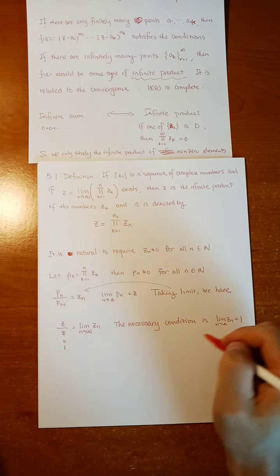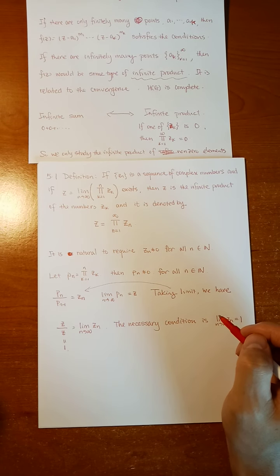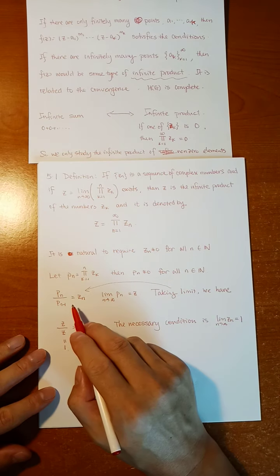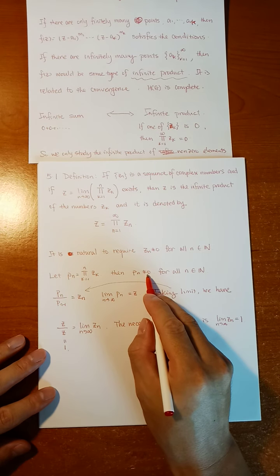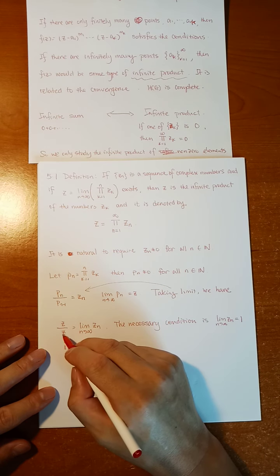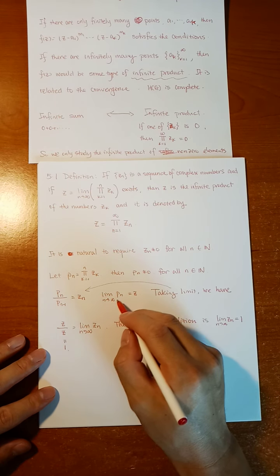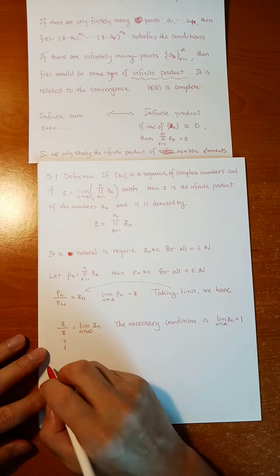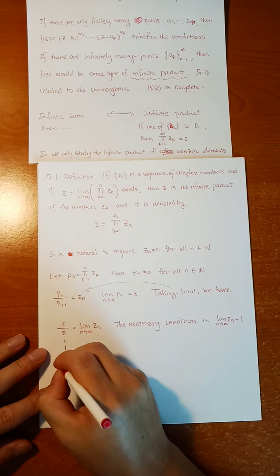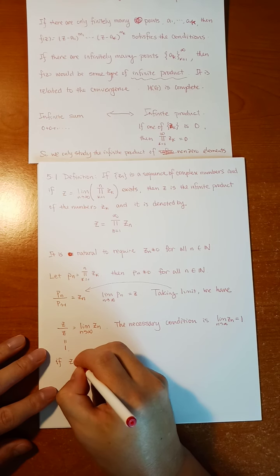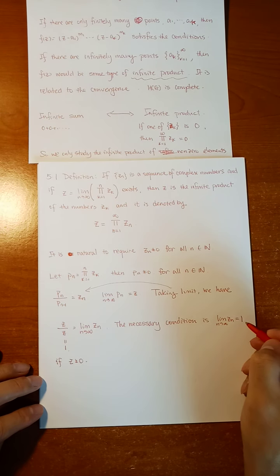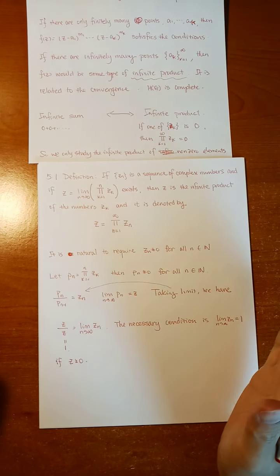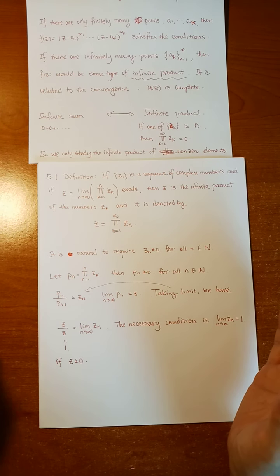And here, in this part, we actually take some assumption in our mind. We have Pn not equal to 0, but we don't have Z not equal to 0. We know there's some sequence where each term is non-zero, but the limit is 0. So this necessary condition holds if Z is not equal to 0. What happens if Z is equal to 0?